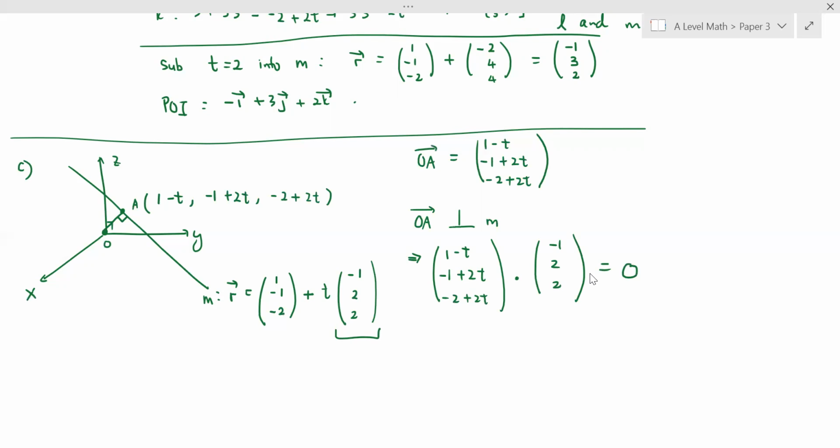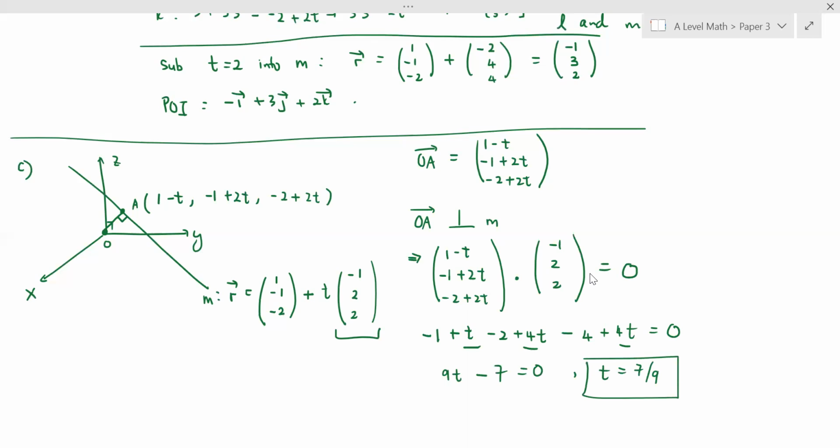Evaluating the dot product, we have -1 + t - 2 + 4t - 4 + 4t = 0. That will give us 9t - 7 = 0. That means t must be 7 over 9.